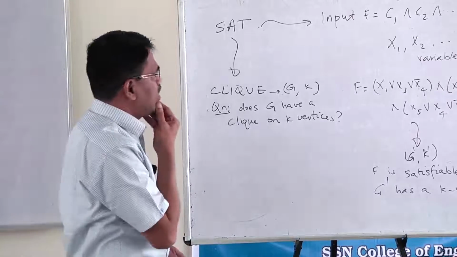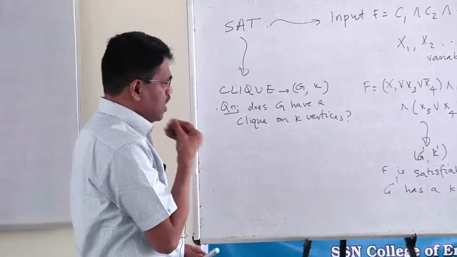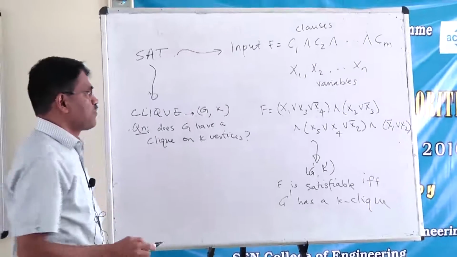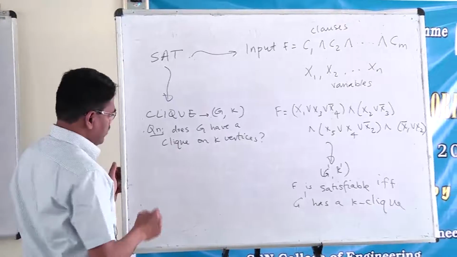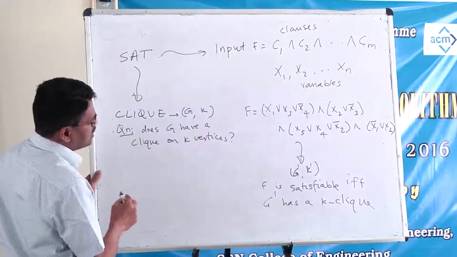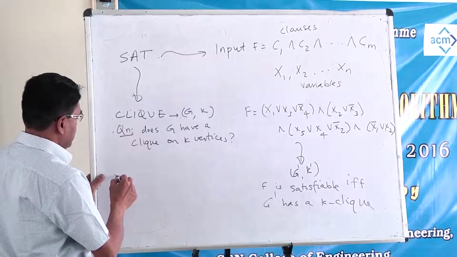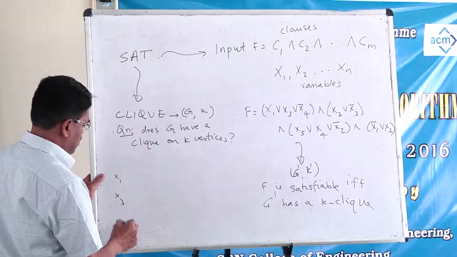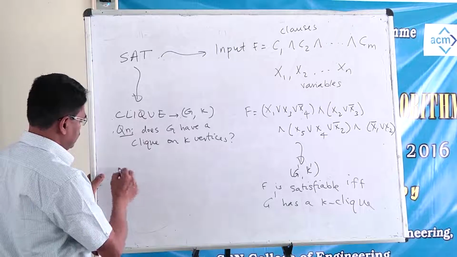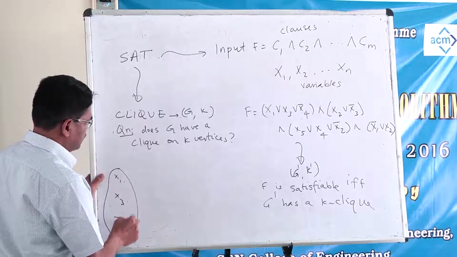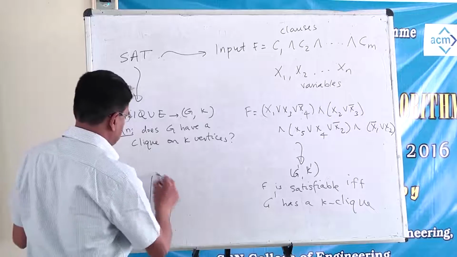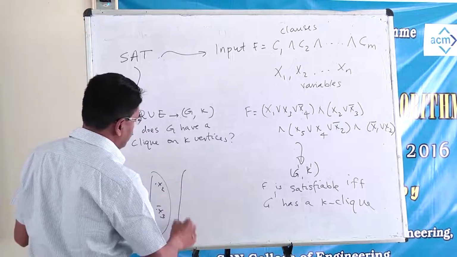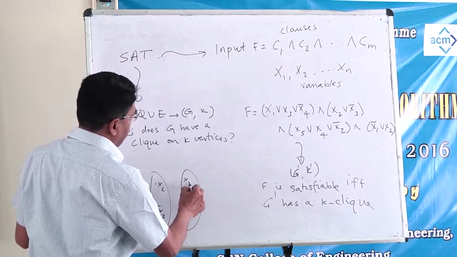Okay, so let's see how I will do it. I have to construct a graph now with this property. There are 4 clauses here, so I will construct these as the vertices of this graph. I'm doing it for this example, but you should get the general picture out of it.